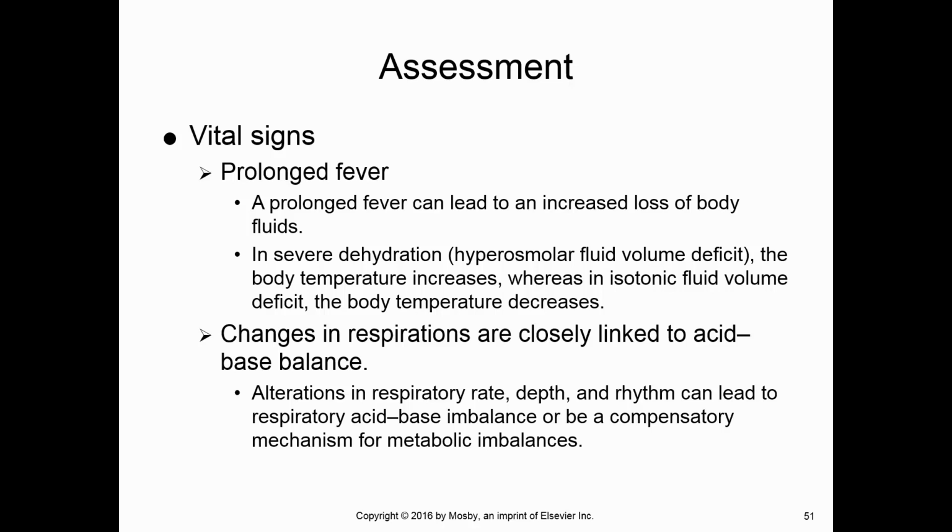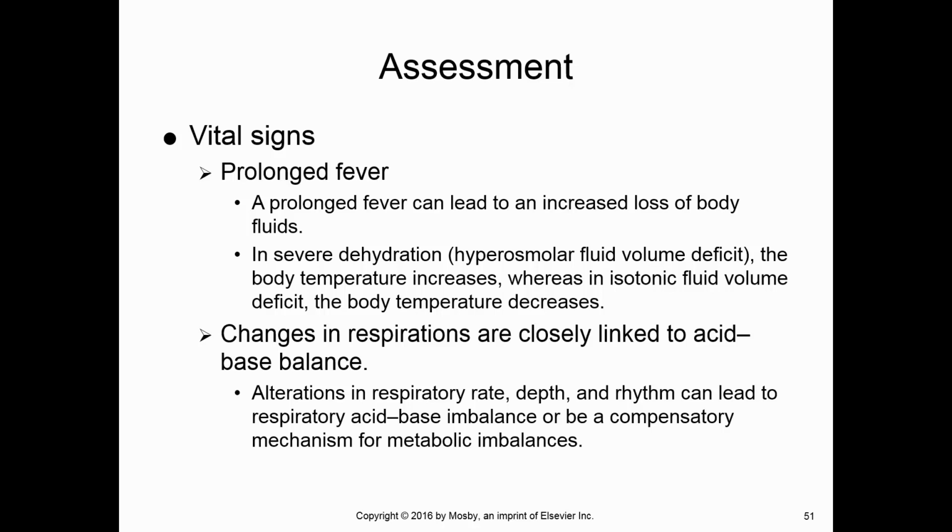For instance, if we have a prolonged fever, we know that we're probably losing a lot of body fluid from our fever, and we can be in a dehydrated state, and then we could see rising temperatures as well with that.